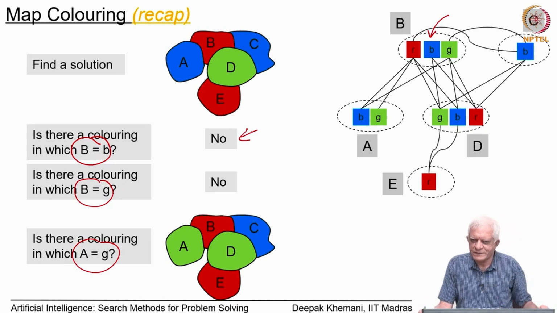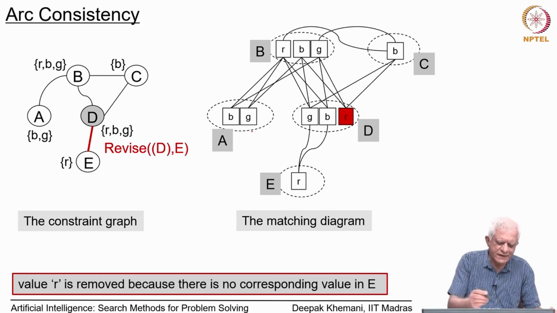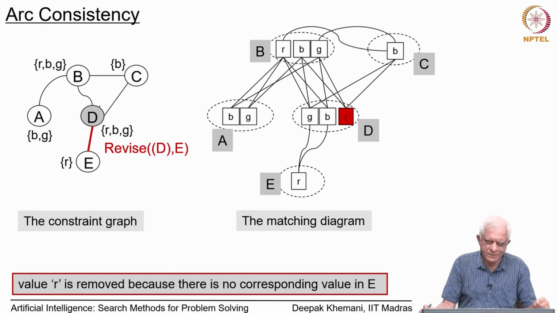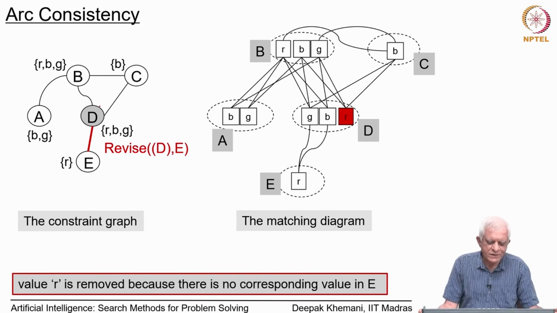Let us see what happens when we make this network arc consistent. So, we will process the edges in some order. The diagram that we are going to be drawing is such that gray nodes are the ones which are going to be processed, and the red edges tell you with respect to which other node you are processing.